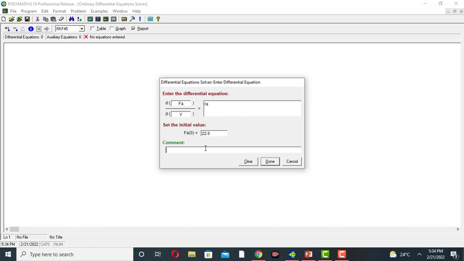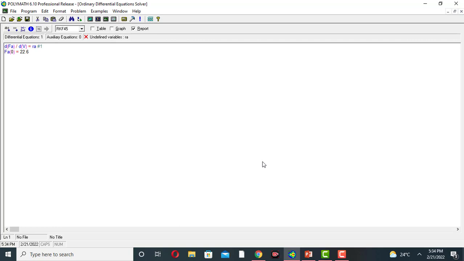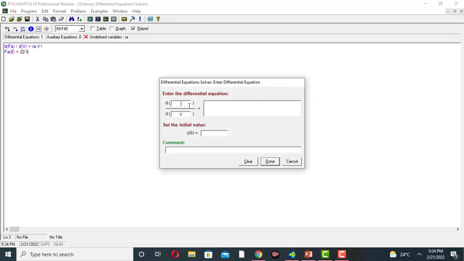In the comment, you can write anything. So this was equation number 1. Click done. Then click on enter the second differential equation: dFB/dV is equal to Rb.